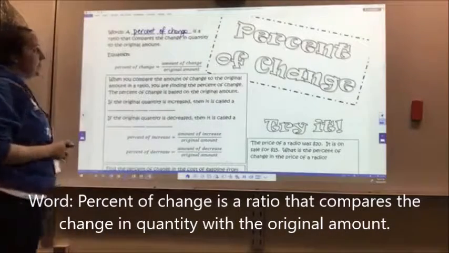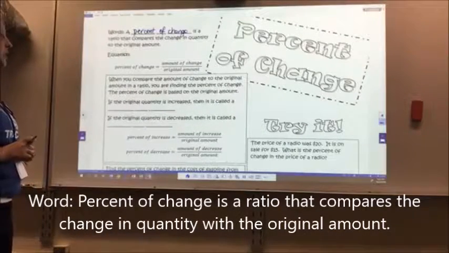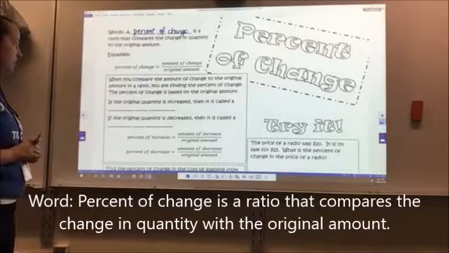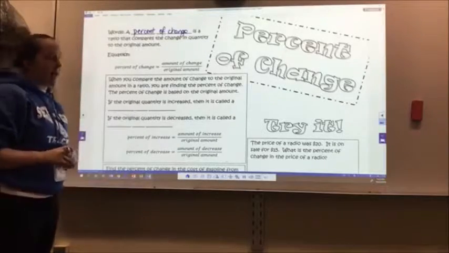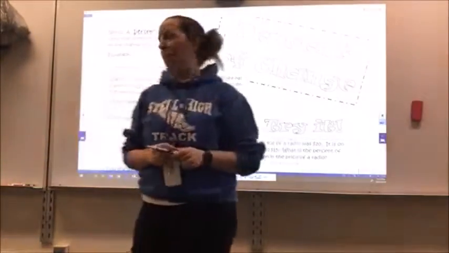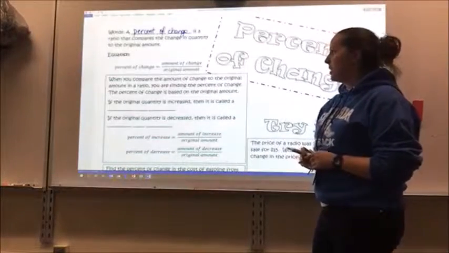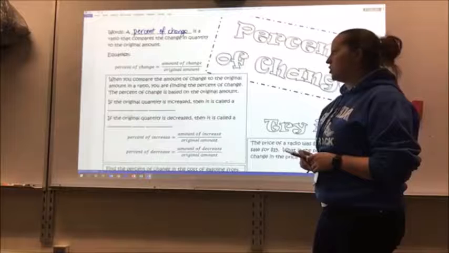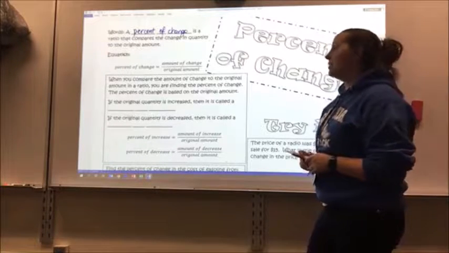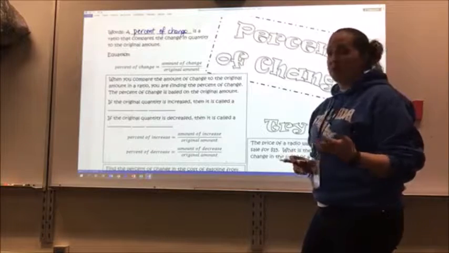So a percent of change is a ratio that compares the change in quantity to the original amount. So the equation is percent of change equals the amount of change over the original amount. When you compare the amount of change to the original amount in a ratio, you are finding the percent of change. The percent of change is based on the original amount.